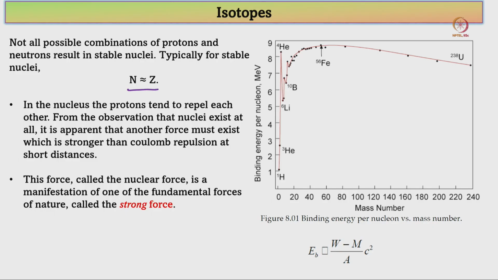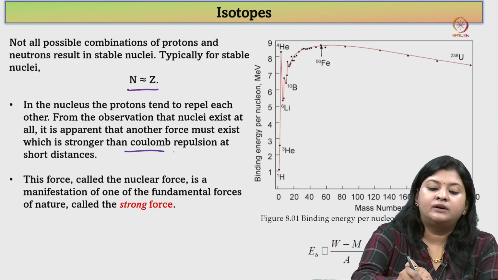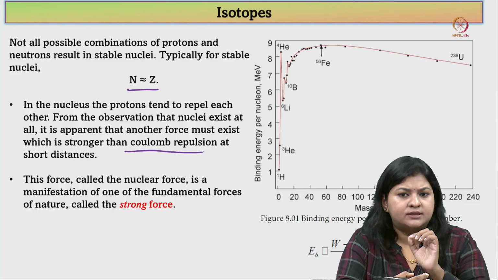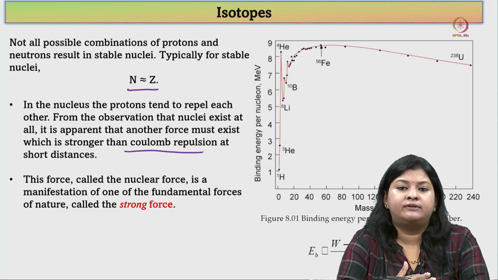So, imagine it is a subatomic particle and here repulsion is happening. It is apparent that this force which is negating this strong repulsion must be extremely strong, because it has to be stronger than this Coulomb electromagnetic repulsion, and that is acting at such short distances, just imagine at the subatomic level.